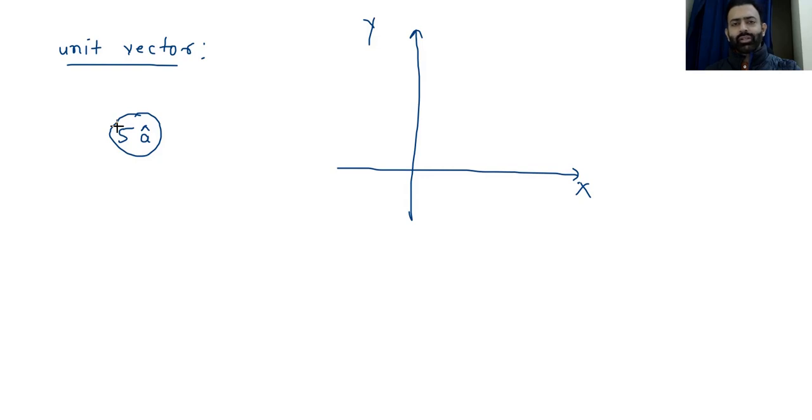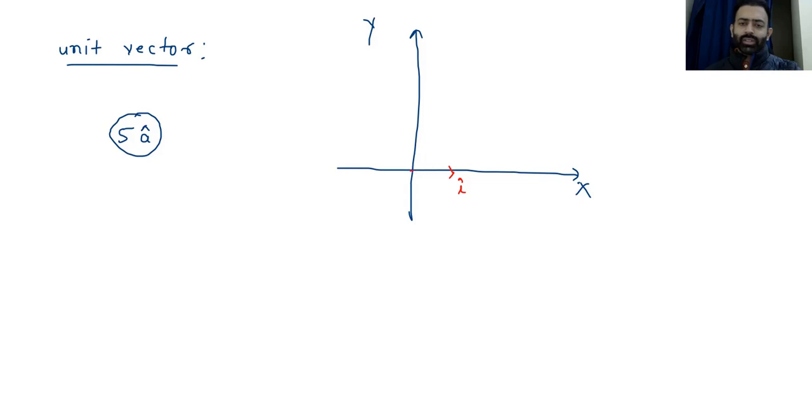So we have the general unit vectors, which are in the x direction, y direction, and z direction, if you are taking into account the third dimension also. But in this case, since we are dealing with 2-dimension cases, in the positive x direction there is a unit vector which we usually pronounce as i cap.